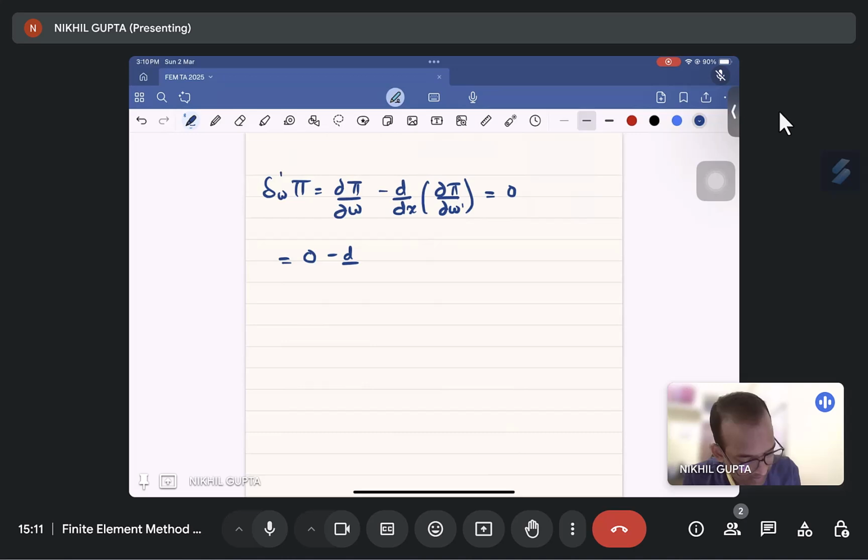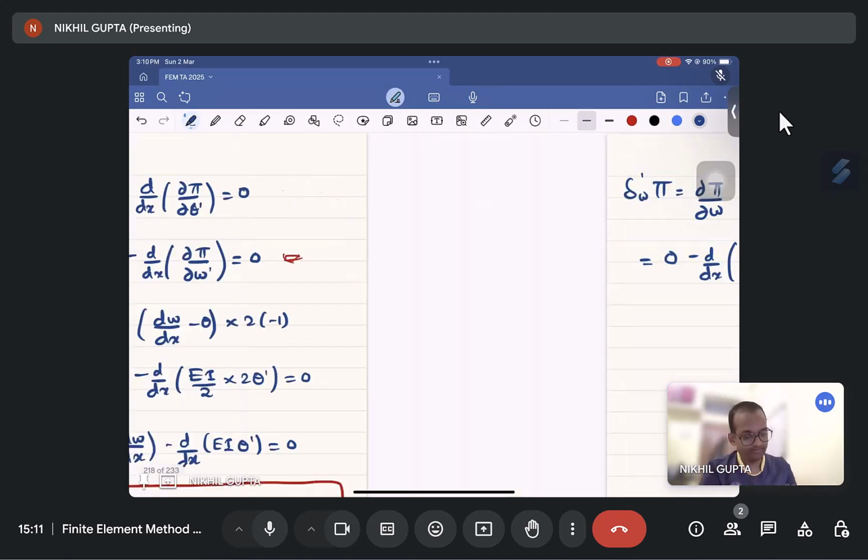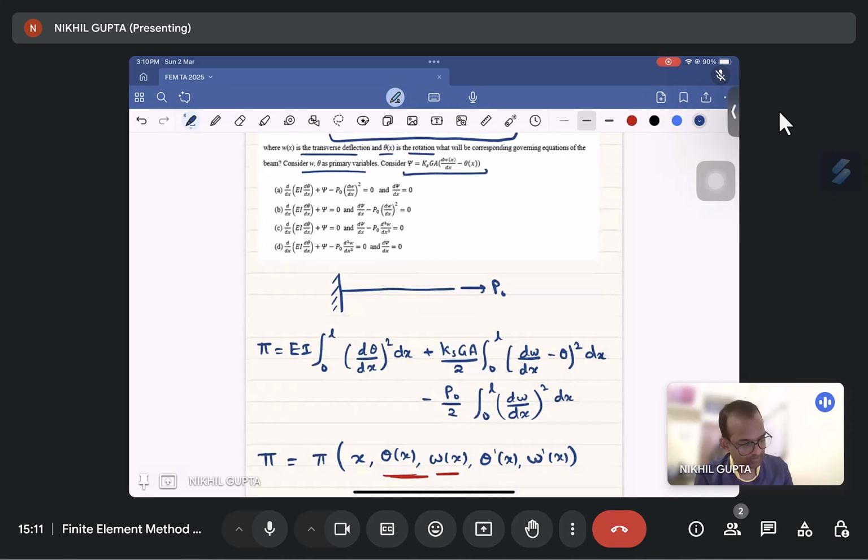Then d by dx of ksga by 2 into 2 dw by dx minus theta, minus p naught by 2 into 2 dw by dx equals to 0. So I have differentiated this term on the basis of W. There are two terms, this and this, where W is coming, so that will cover that.